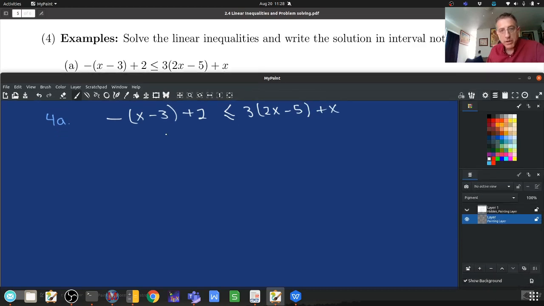So again, we're going to simplify both sides as much as we can, collect like terms and simplify, and then we will move things across the inequality sign as required.